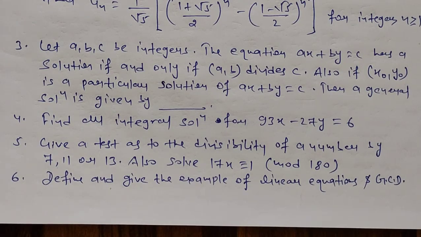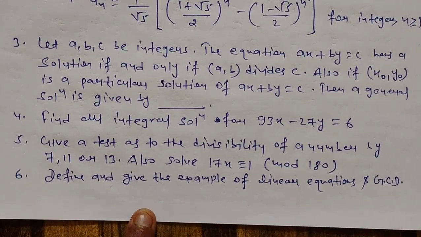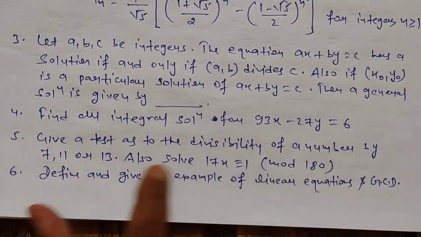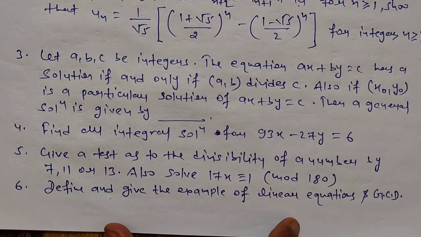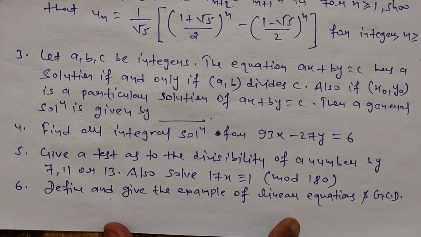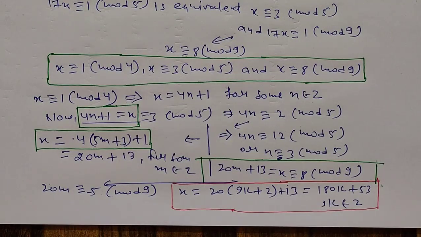So in the next session I will try to discuss this important part, but for this workshop session I have done the discussion of a total of 5 problems, and I hope the viewers can use these concepts to build their approach to solving problems related to number theory. So this is okay for now.